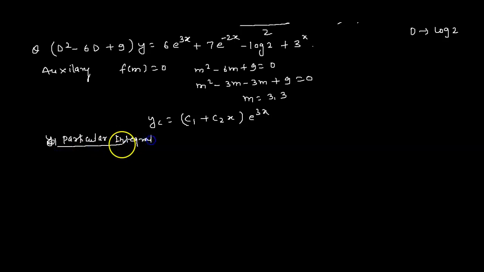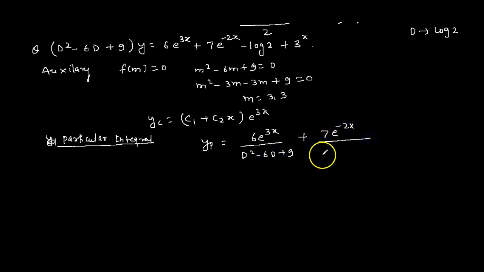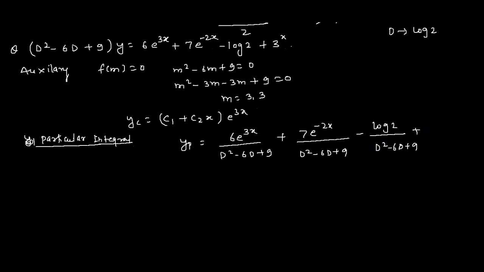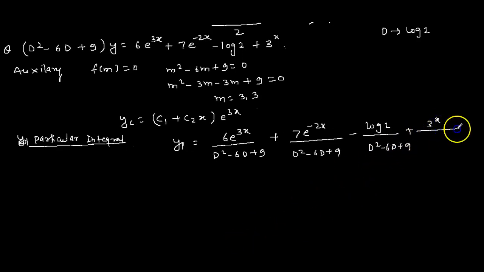So you do it here. First bring this whole thing to this side. So yp is equal to 6 e to the power of 3x divided by D square minus 6D plus 9, and split it separately, plus 7 into e to the power of minus 2x divided by D square minus 6D plus 9, minus log of 2 divided by D square minus 6D plus 9, and plus 3 to the power of x divided by D square minus 6D plus 9.